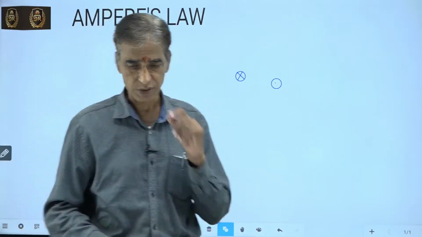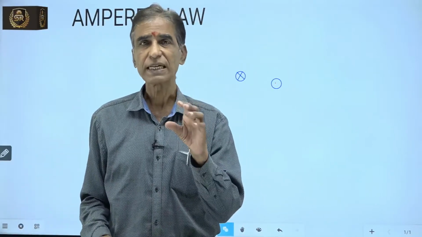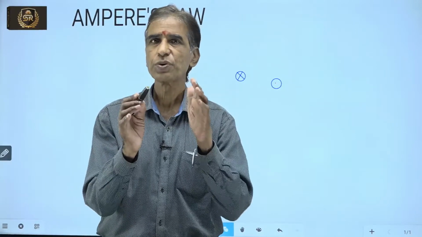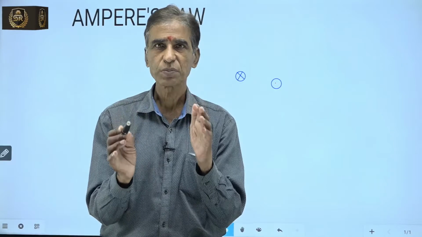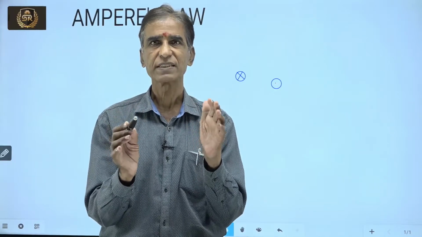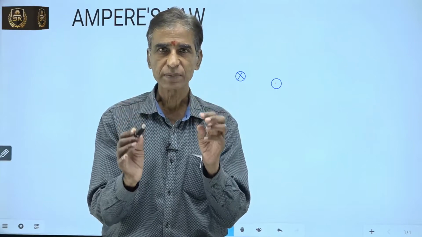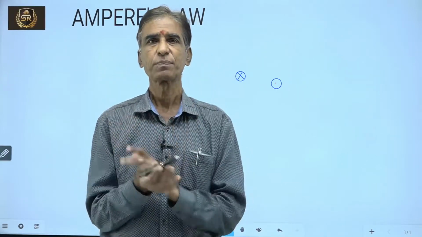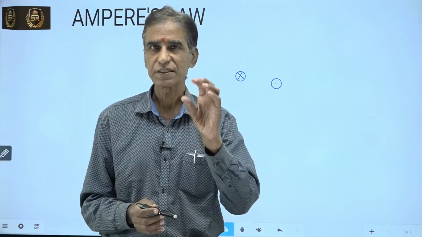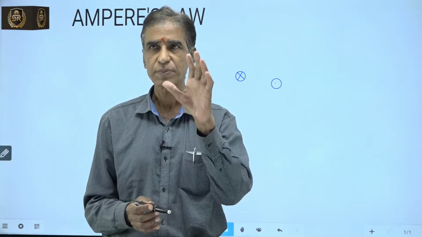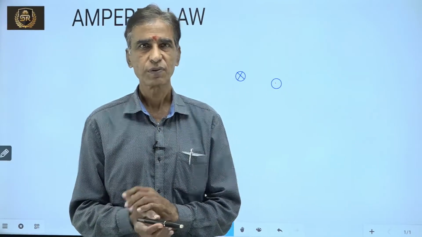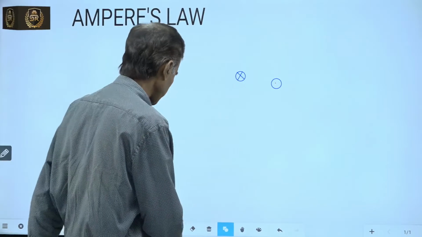Then what we are going to do is imagine that these two current carrying conductors are enclosed by a closed surface, an arbitrary closed surface. Arbitrary means it is our choice. According to our convenience, we are going to choose the shape of the loop.